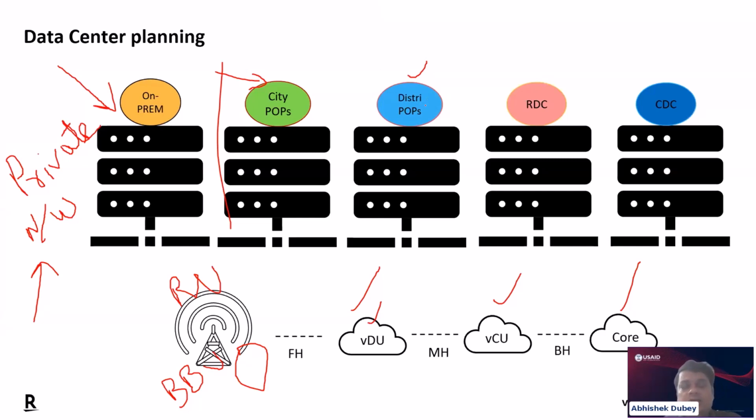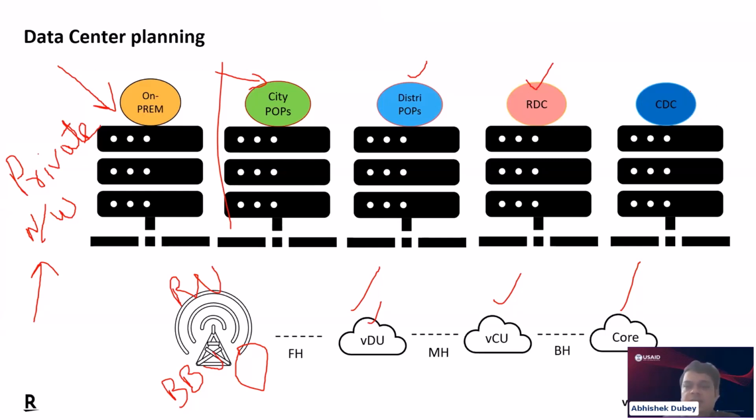So you will calculate again how many servers are required, how many power cables are required, how much power is required, and based on that you will calculate the number of racks that will be installed in the data center. The RDC generally hosts your SON application, RIC application, and CU applications.